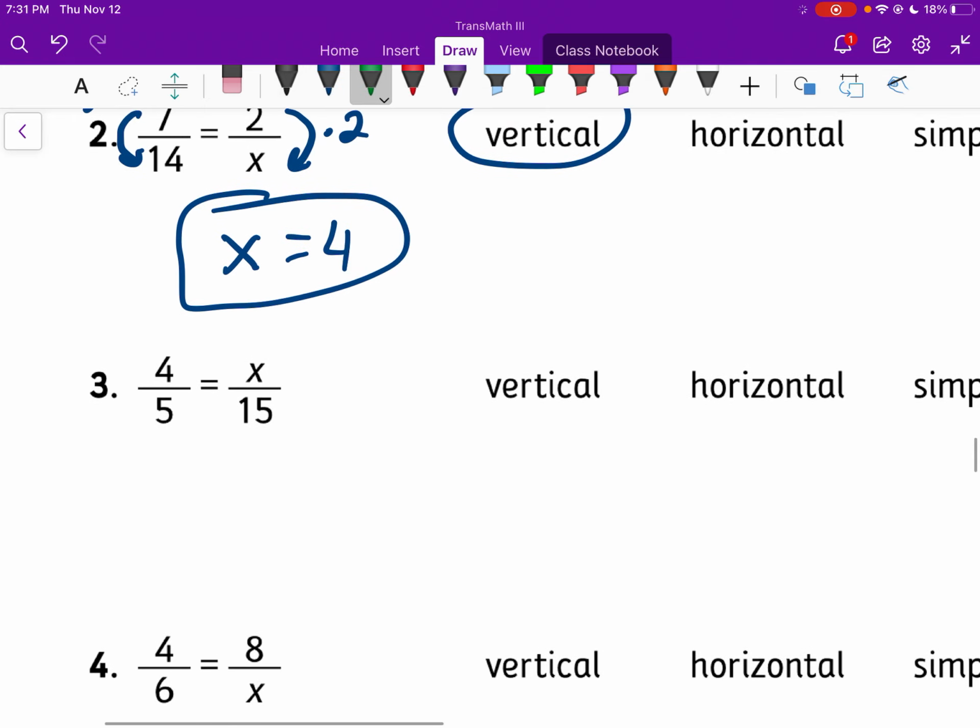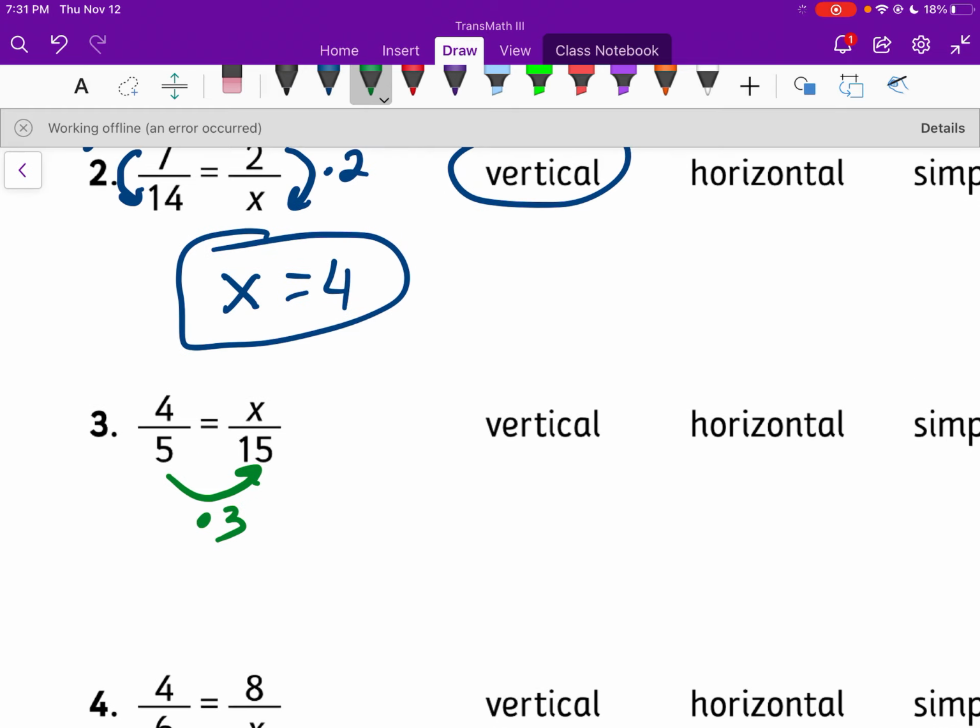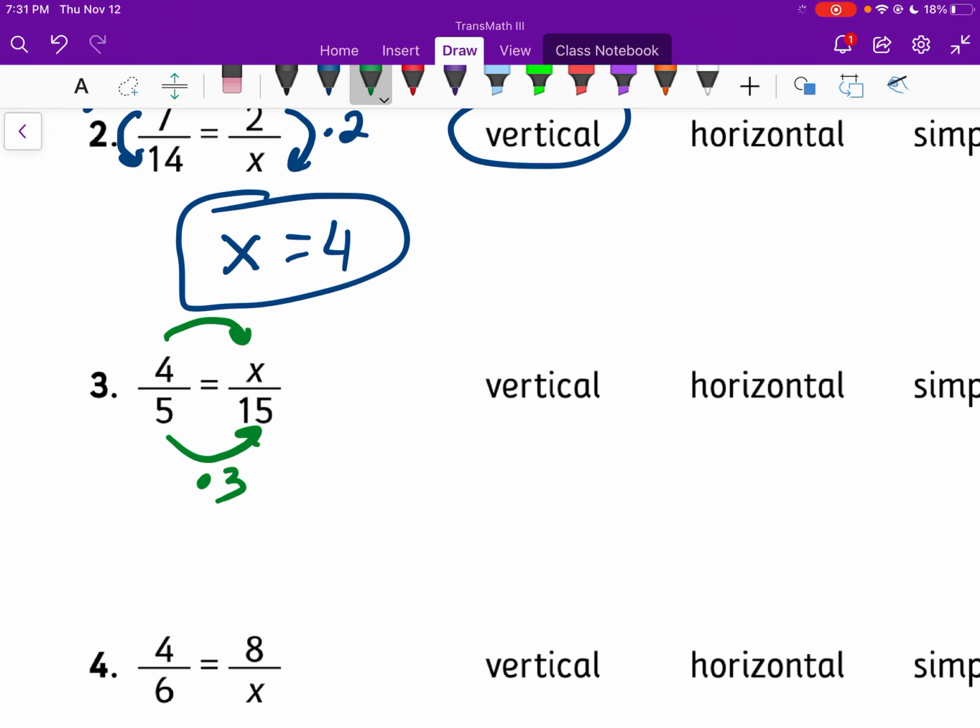All right, number 3. No easy, so we're looking, can we go from 5 to 4 or 5 to 15? 5 to 15 would be an easy method. 5 times 3 is 15. So therefore, 4 times 3, we get an x value of 12. In this case, we went from side to side, so our horizontal.